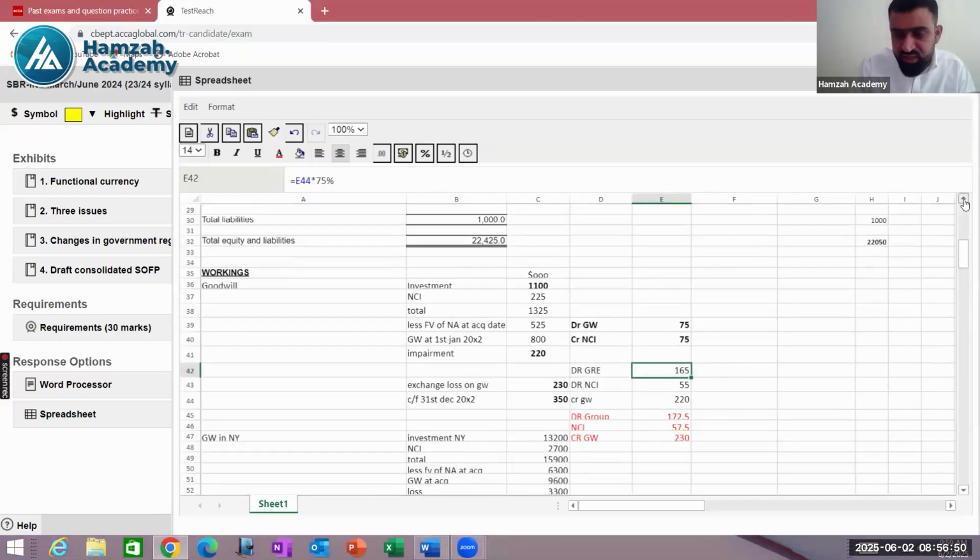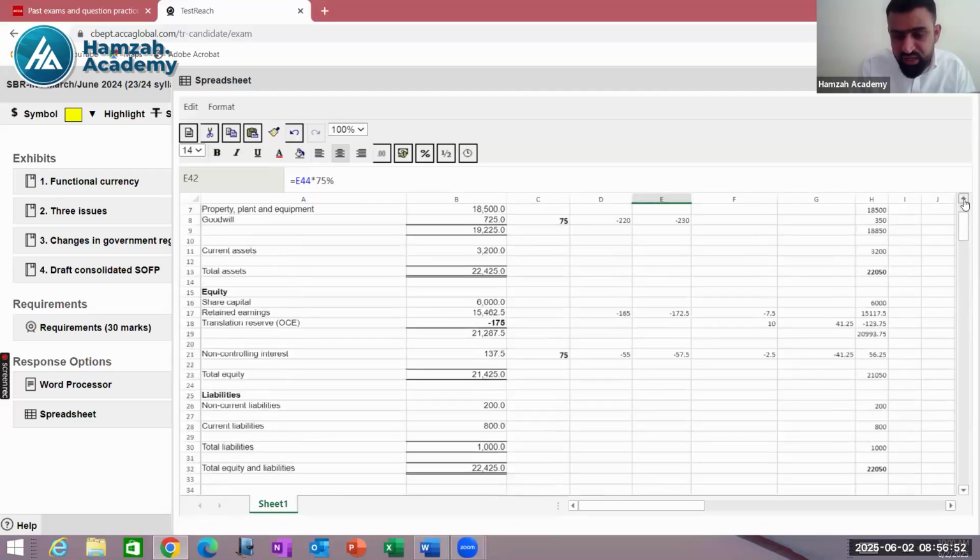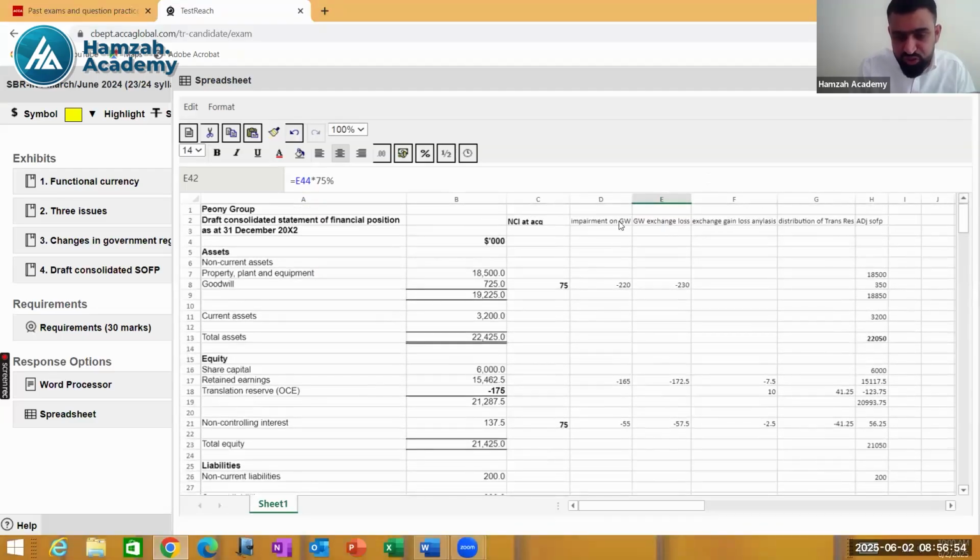And then in the pre-populated balance sheet, the statement of financial position, impairment of goodwill. Goodwill is impaired by 220.